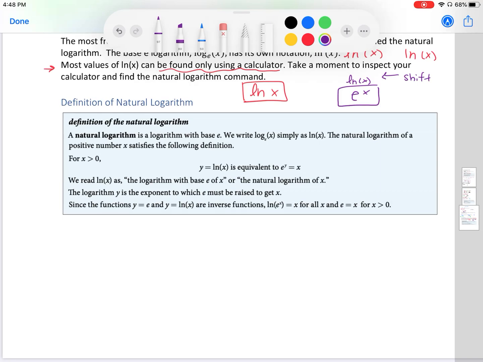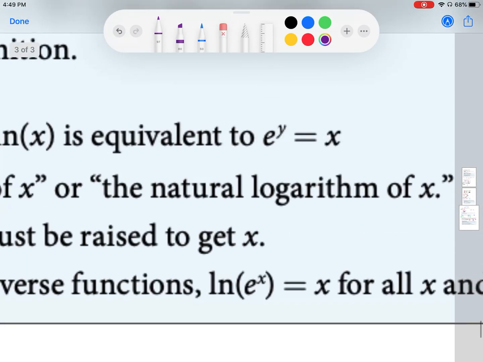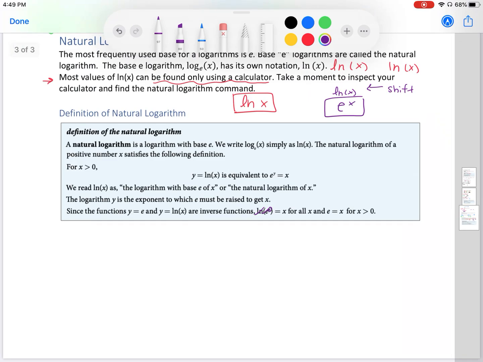Since the functions y equals e to the x and y equals ln of x are inverse functions, ln of e to the x equals x. So ln and e are like mathematical opposites, so you're just left with the x. This holds for all x, and e to the ln of x equals x, for x greater than 0.